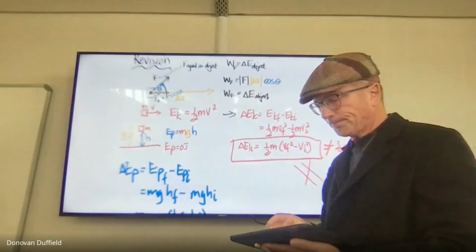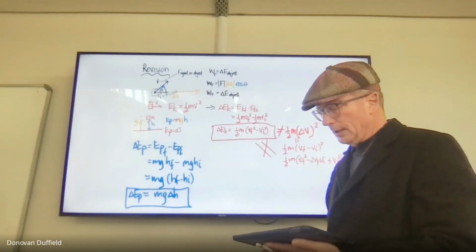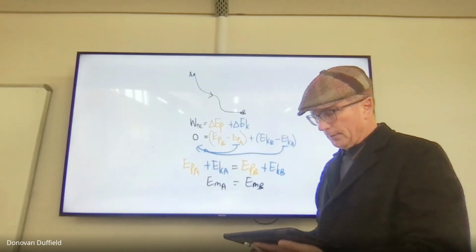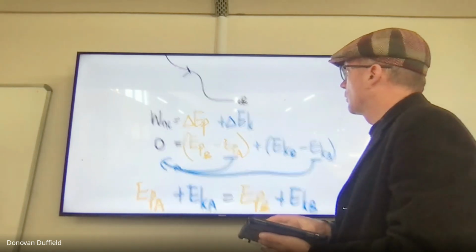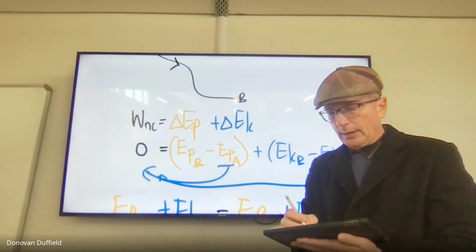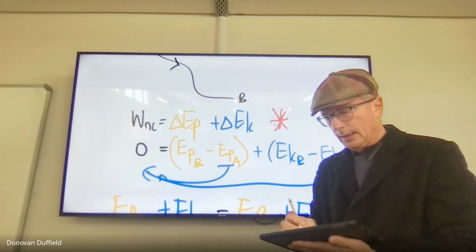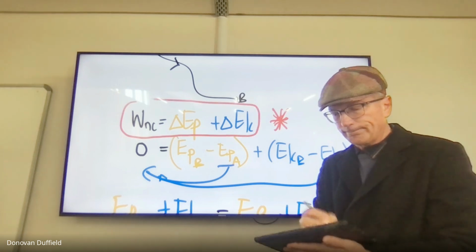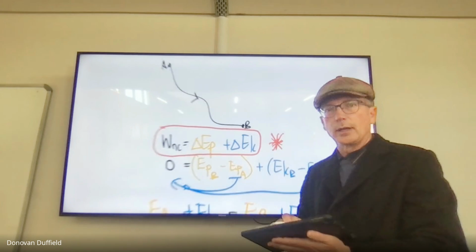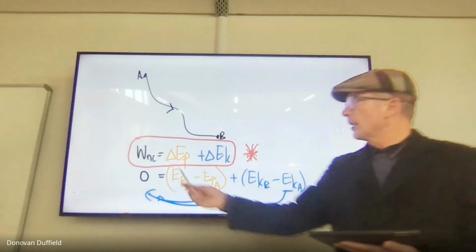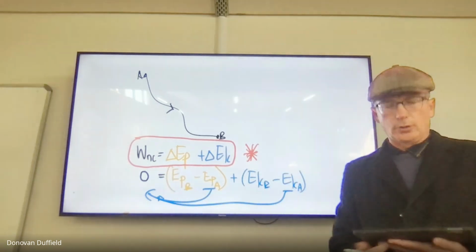So now, if we come back to the question, I believe that this is your most powerful tool in the work energy power section. You are given this formula. The NC stands for non-conservative.